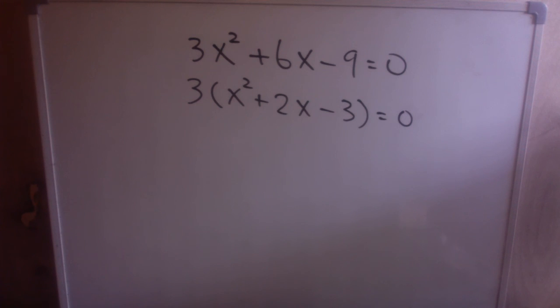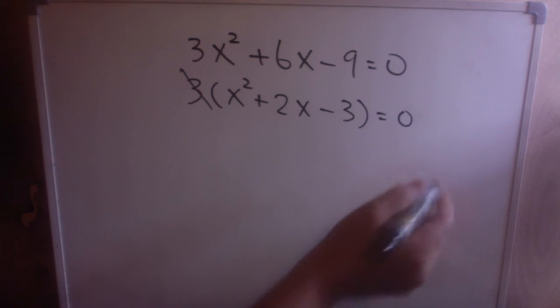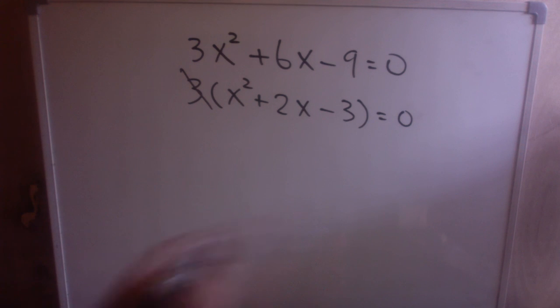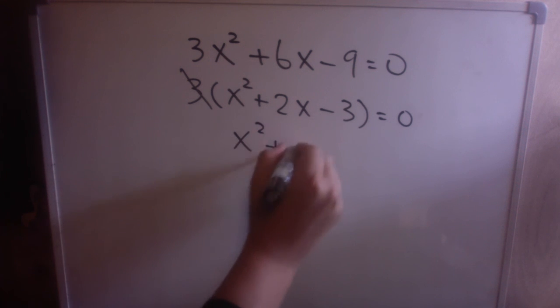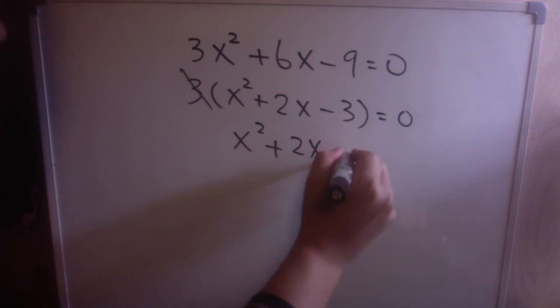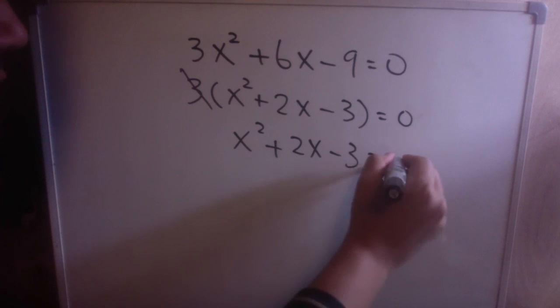And now I can essentially divide both sides by 3. So that 3 goes away, and 0 divided by 3 is just 0 anyway. So this is just x squared plus 2x minus 3 equals 0.